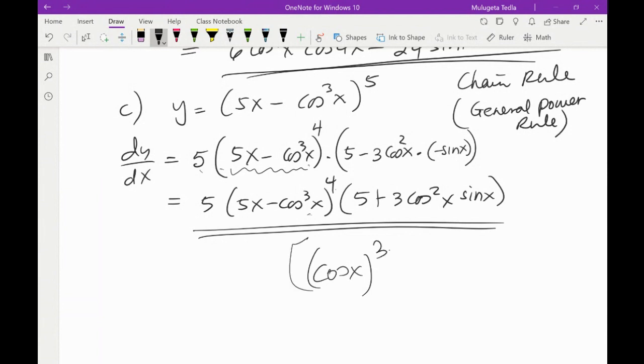You know, the derivative of that is 3, write the base, reduce the exponent by 1, so 2, not in here, not in here. Either you use brackets or you use here inside, times the derivative of the inside function, which is minus sine x. That's what I got here, really, the derivative of the inside.